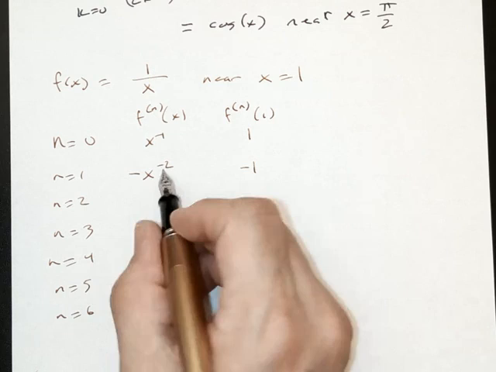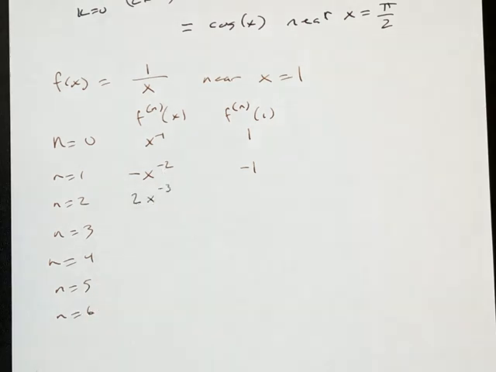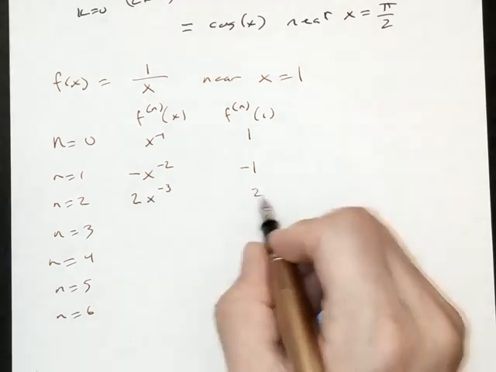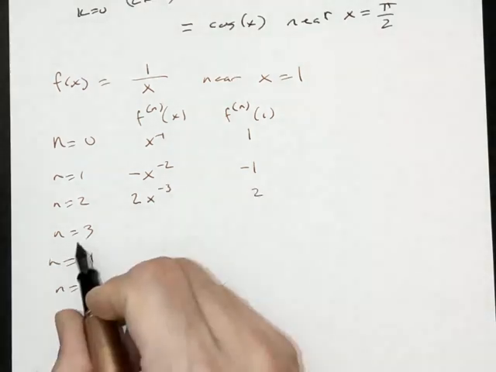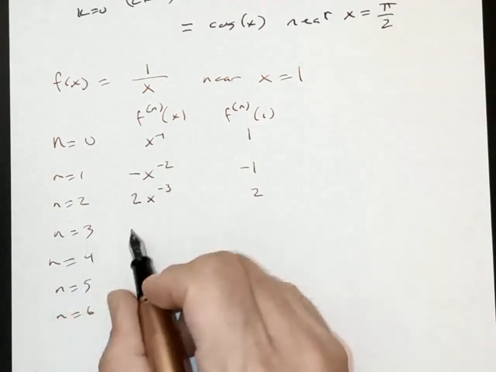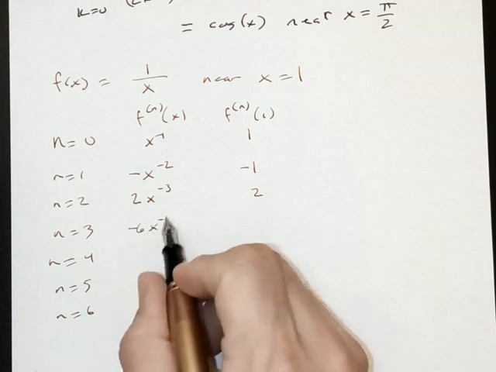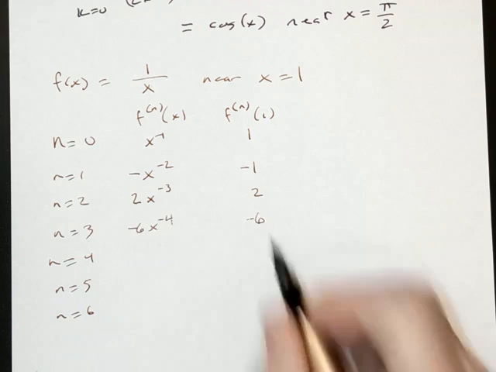But watch your signs. If I take the derivative a second time, it becomes positive 2 x to the negative 3. And if I plug in, I get 2. When I take the third derivative, and when I put in 1, I get minus 6.